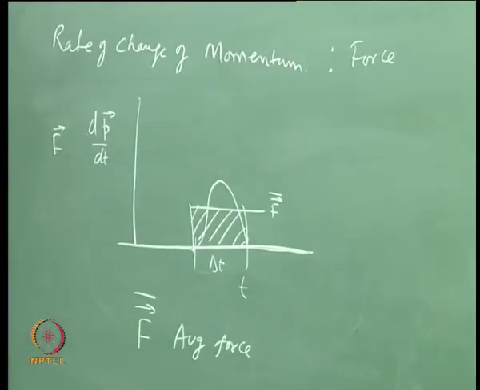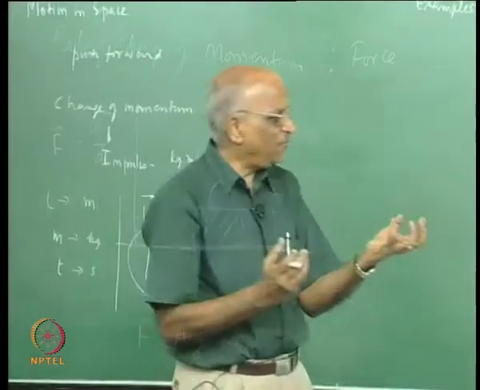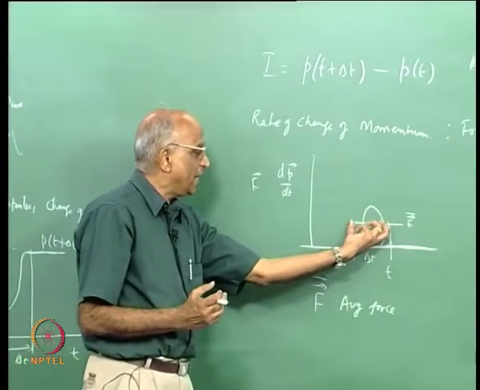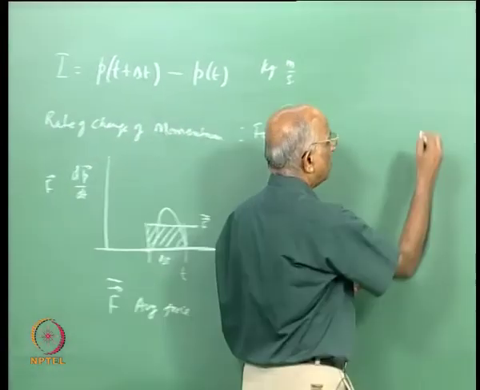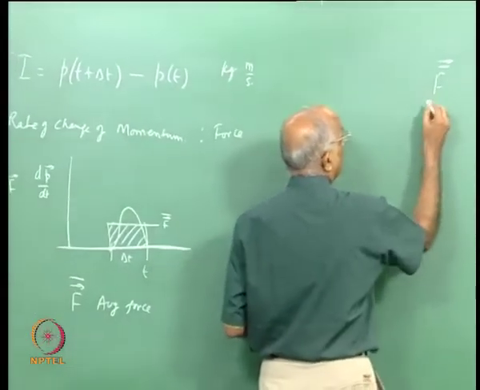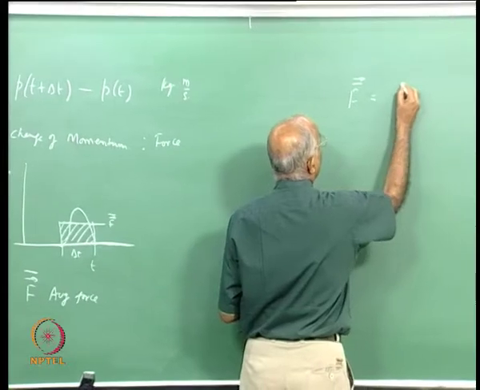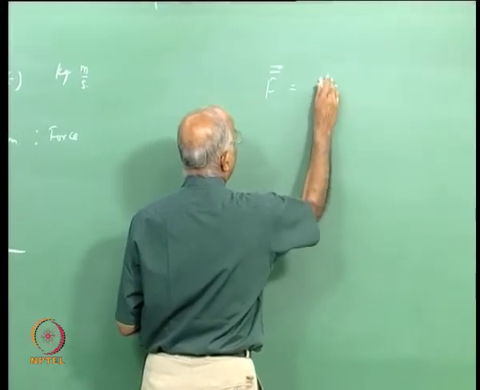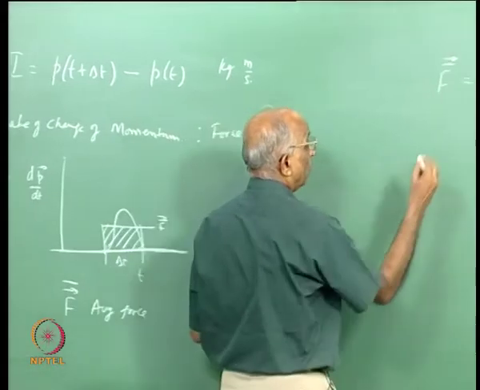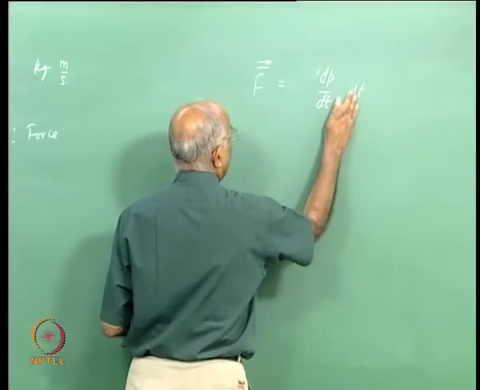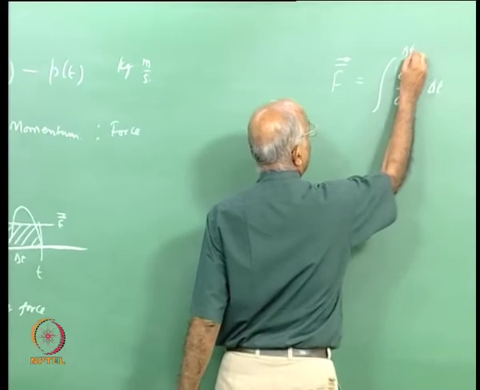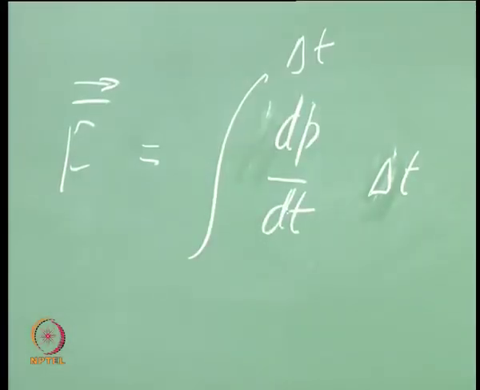Therefore, force is really a derived unit, not something fundamental like momentum, and we must keep in mind that the force during a particular change of momentum continually varies, but I take the average value. What will this average value be? Let us put it down as F bar, again a vector. It is equal to dp/dt, the momentary value, which I integrate over the time delta t, from here to here, to get the average value.